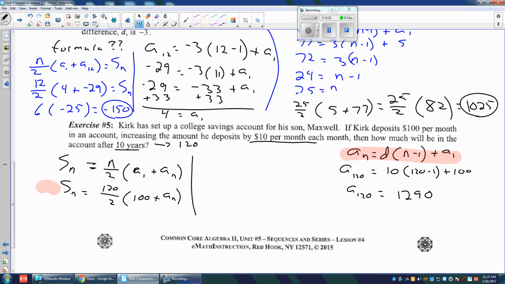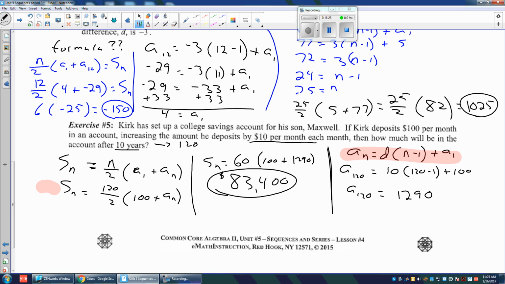What do we have to fill in? 120 divided by 2 is 60. 100 plus 1,290. Crunch that on our calculator, and we get $83,400. A nice tidy sum.